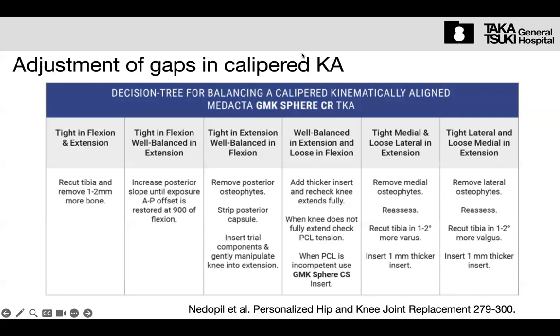So please have a look. If the flexion and extension are tight, what is the solution? If both the extension gap and the flexion gap are tight, what do you do to adjust the gap in kinematic alignment?